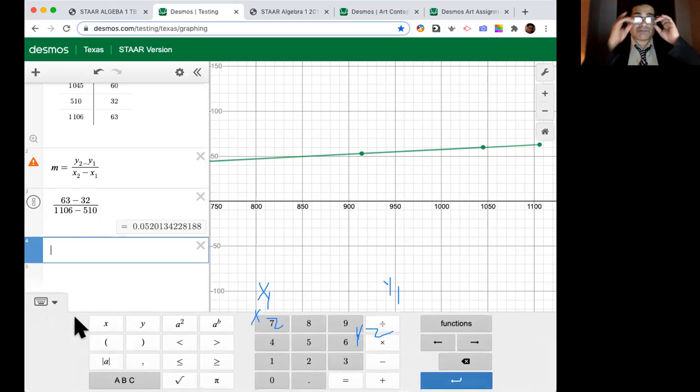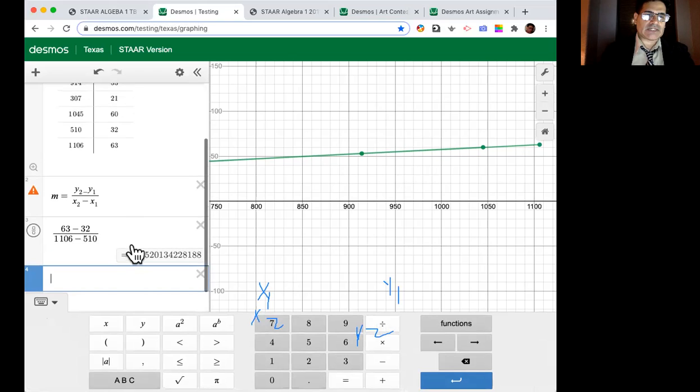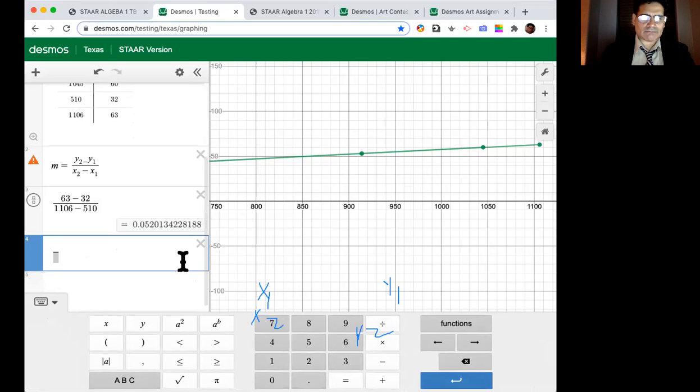So just to confirm that it's somewhere in that area of 0.052, let's take another set of numbers. Let's take 1,045. Let's make our fraction. No, wait. y2 first, right?